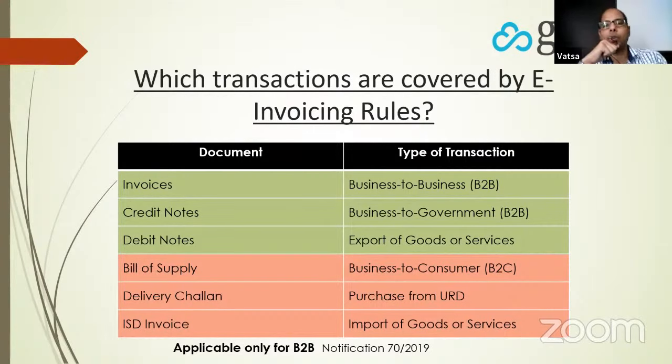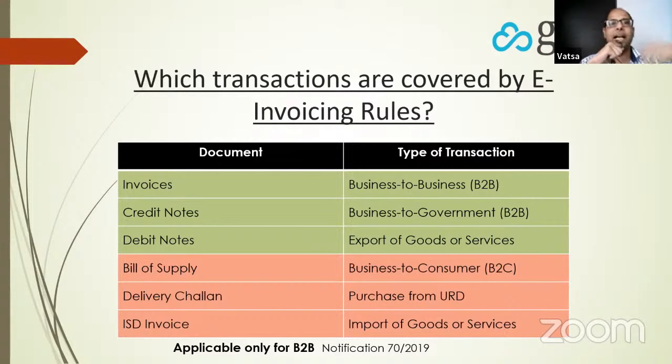Now let's talk about the type of transactions. Even within the invoices, not all invoices are required to be registered and generated in the IRP portal. Take the example of a business to business invoice: e-invoice is required. Business to government, or B2G, e-invoice is required. Export invoices, e-invoice is required. A B2C transaction, e-invoice is not required.